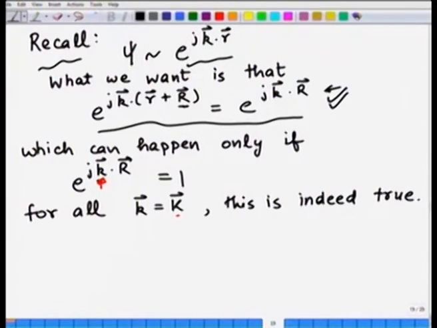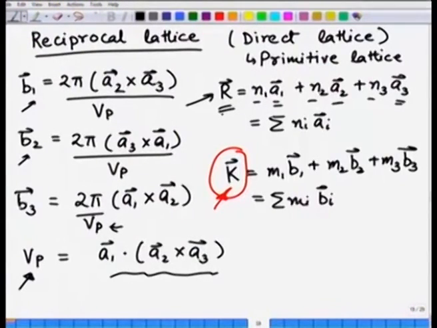For some special values of k, remember, is a reciprocal space. Now, if you look at the dimension of this quantity B1, B2 and B3, then it is also inverse of length. Remember, A2 cross A3 divided by a volume. So, therefore, that is also inverse of length.